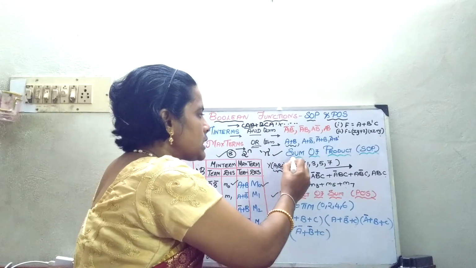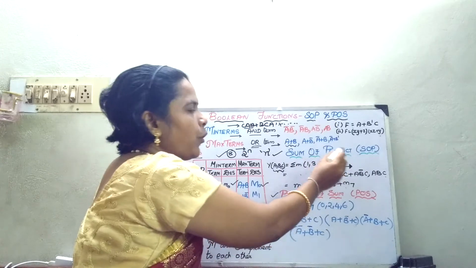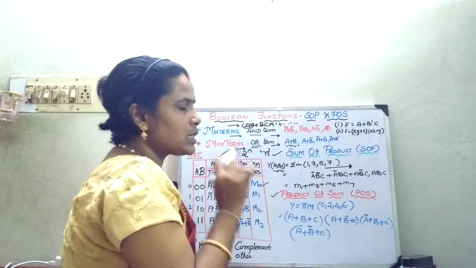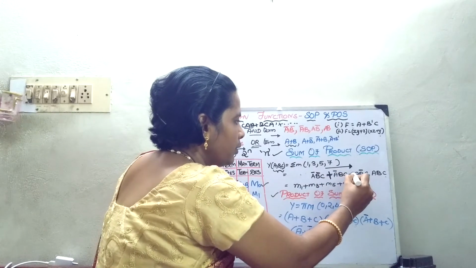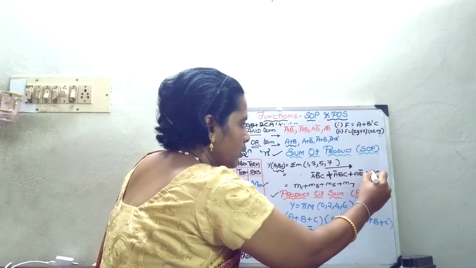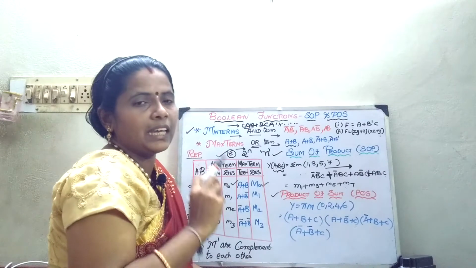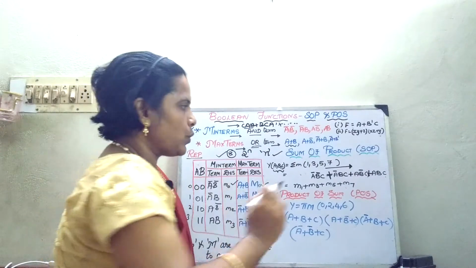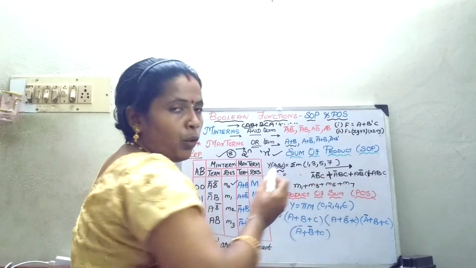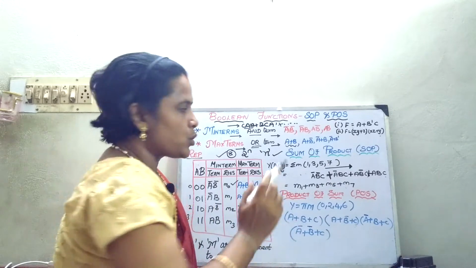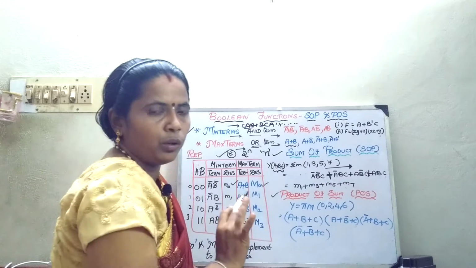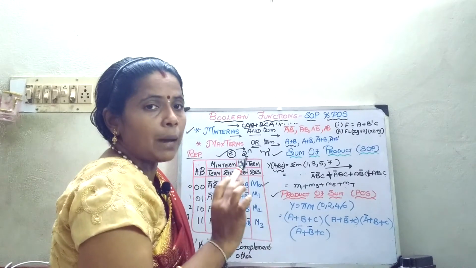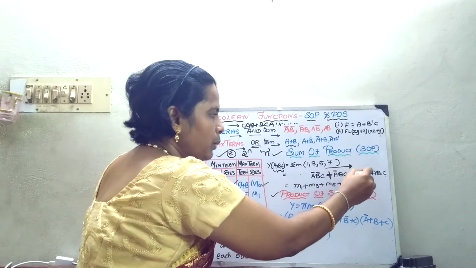What is given? It is a sum of various product terms. So how should I write it? First I am having 4 terms. So first you write ABC, ABC, ABC and ABC, 4 times, and in between you put plus.